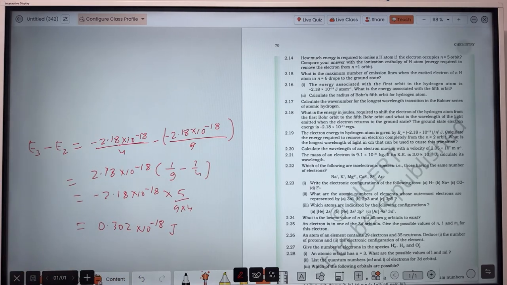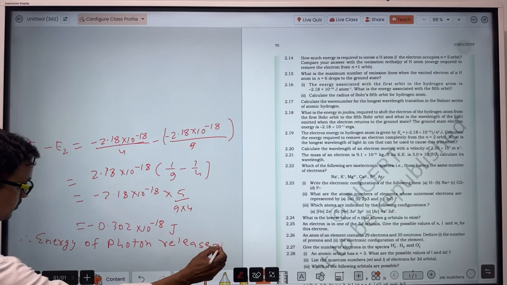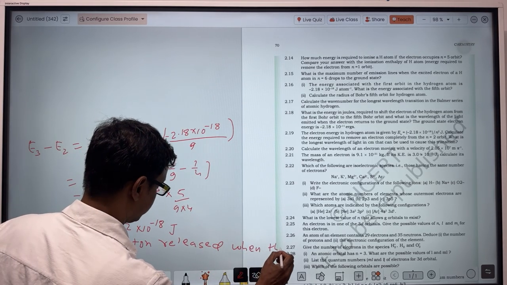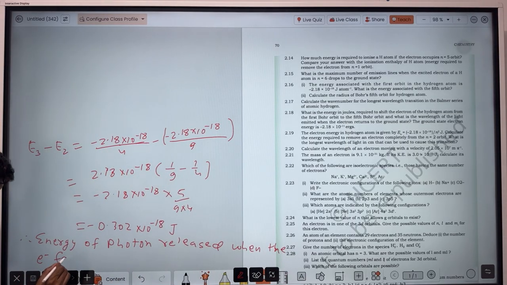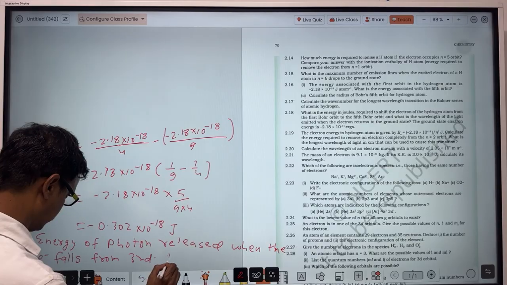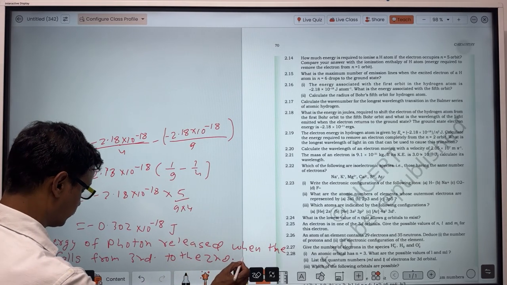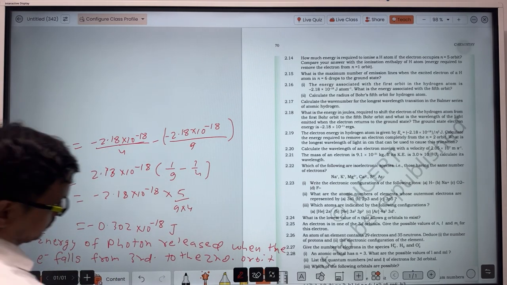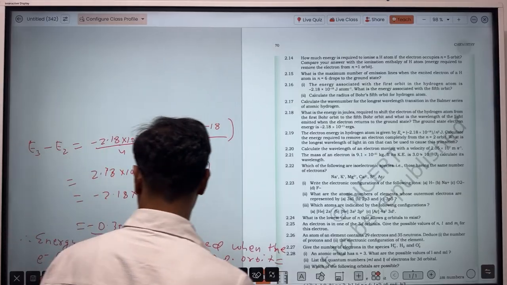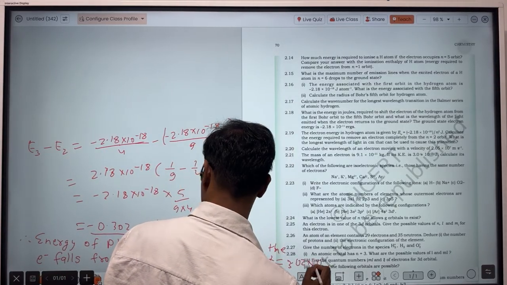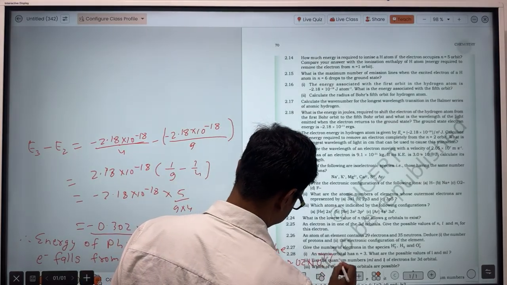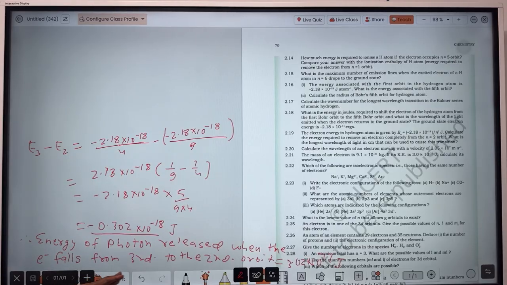That means the decrease in energy of the electron is the energy of the photon. So that will be, the negative sign ignored, 3.02 into 10 to the power minus 19 joule. That is the energy of radiation.